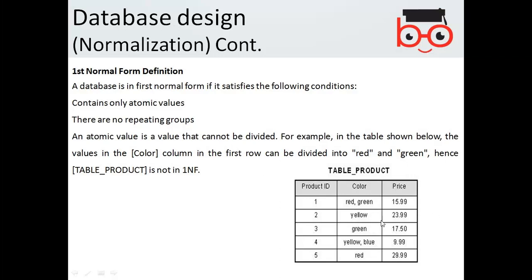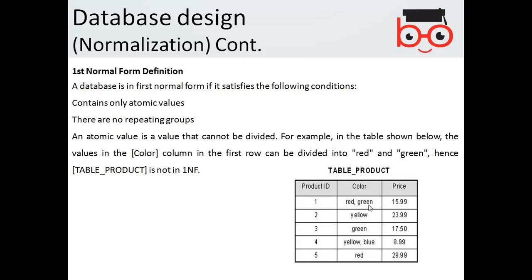Look at the color. If product ID 1 has two colors, red and green, then you cannot store two colors in one column, and this is basically the database violating, or not complying with, the first normal form.